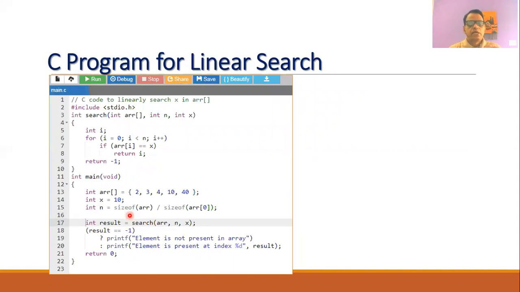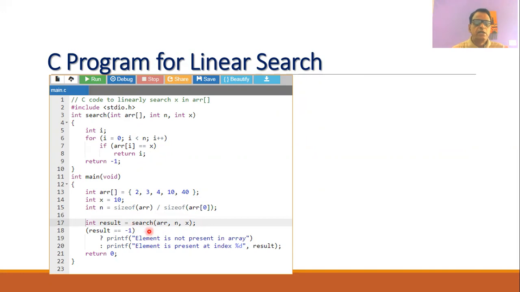So n is equal to sizeof(arr) divided by sizeof(arr[0]). This will return how many elements there are in the array. Then we call the function search, passing the arguments arr, n and x, and the return value of the search function is assigned to result.